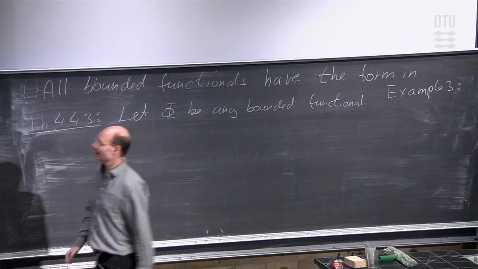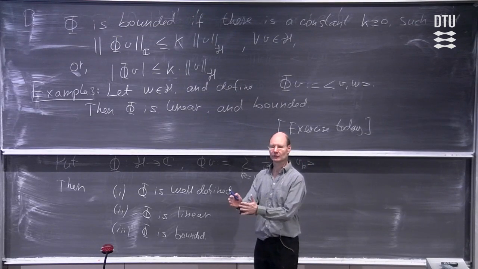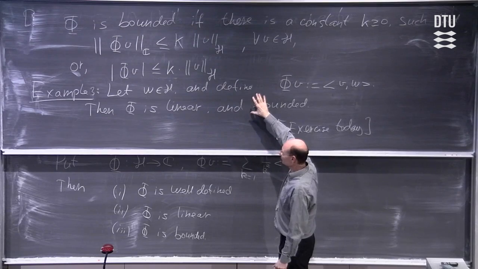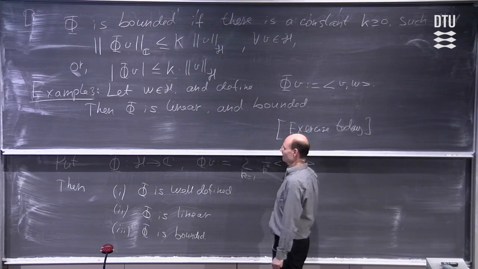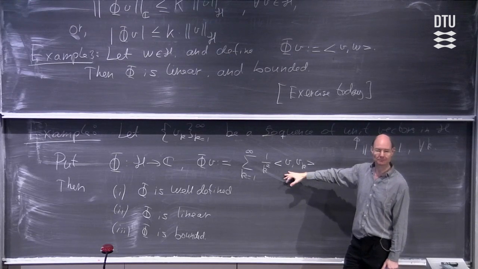So this means phi is any bounded linear operator going from H into C. That means it could be the one we considered in this example, but it could also be the more complicated one we are dealing with here.